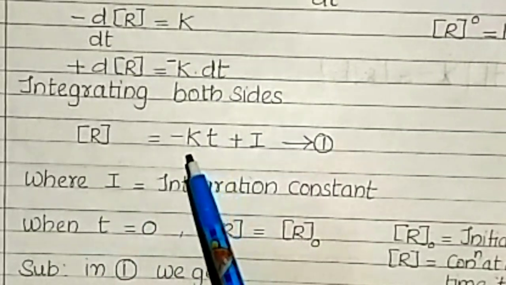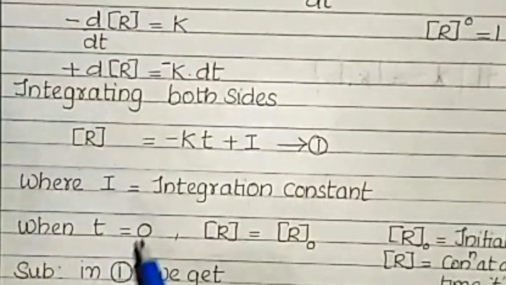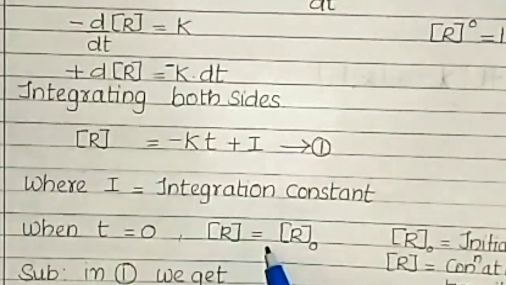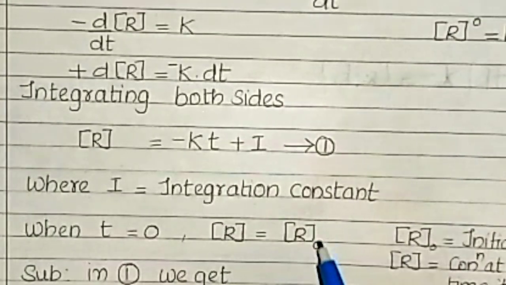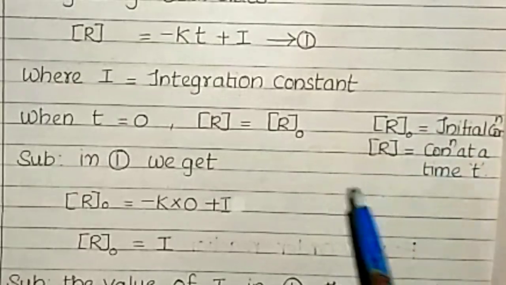Then a condition is applied: when t is equal to 0, that means the initial state, the concentration of R becomes R0. Listen here, R0 is the initial concentration and R is the concentration at a time t.